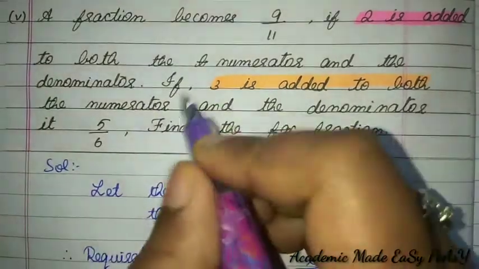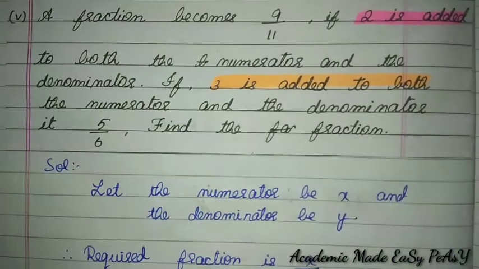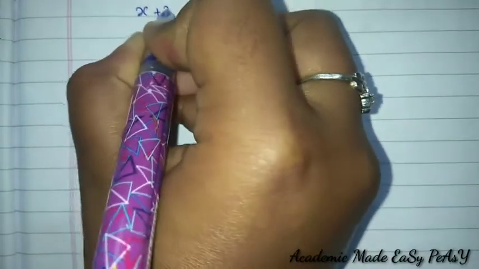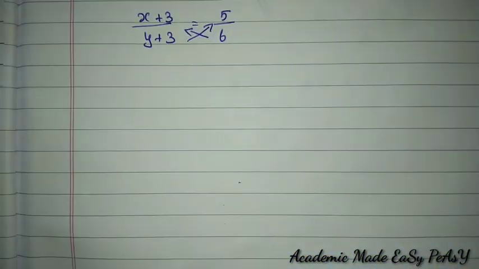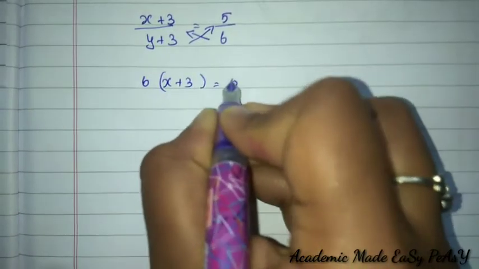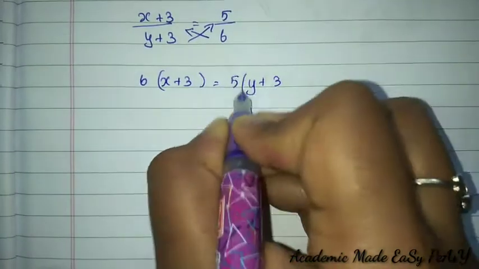So here it is given if 3 is added to both numerator and denominator, we get 5 by 6. So x plus 3 divided by y plus 3 is equal to 5 by 6. So here also I will cross multiply. We need not have it in fractional form itself. We can just cross multiply and make it simple. So 6 into x plus 3 is equal to 5 into y plus 3.